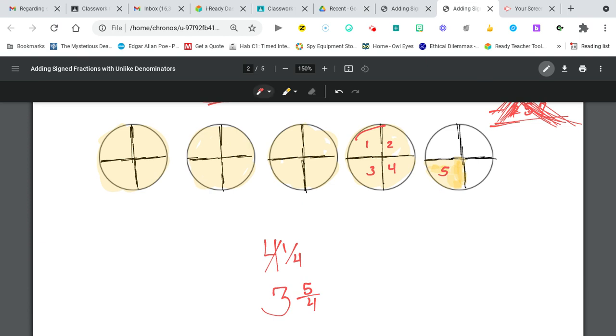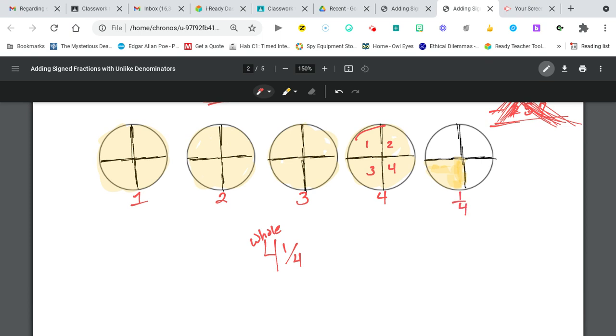So originally I had 4 1/4. I had 1, 2, 3, 4 wholes, 4 whole circles shaded in. And then I had just 1/4 of another one, okay?